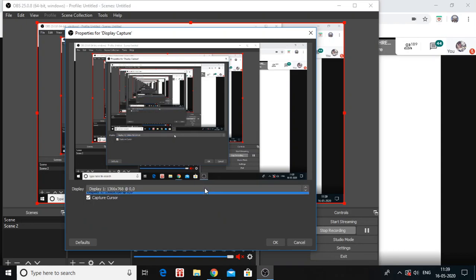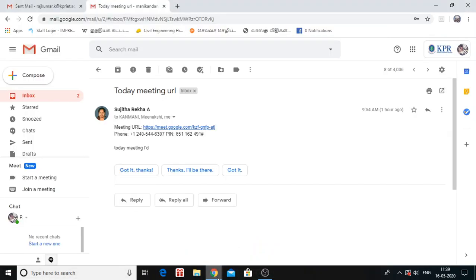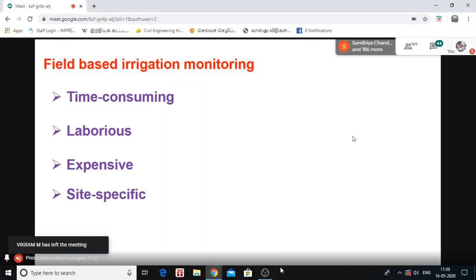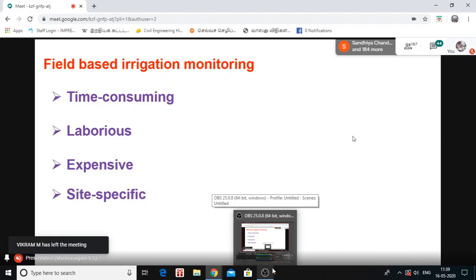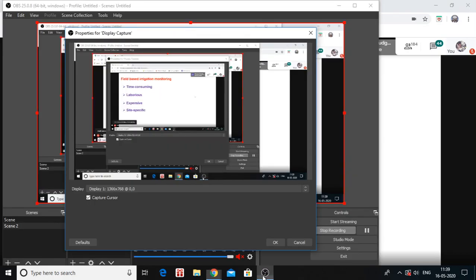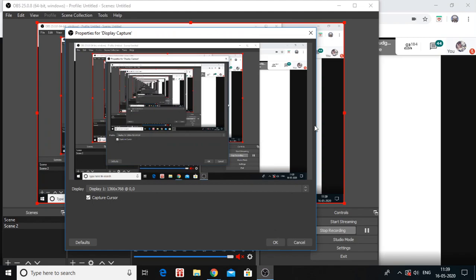Small and medium scale farmers cannot afford to buy sensors for their low income cash crops, and the sensors give information for the particular field only. This information cannot be applied to a newer region. So these are some of the drawbacks or challenges in the field-based irrigation methods.